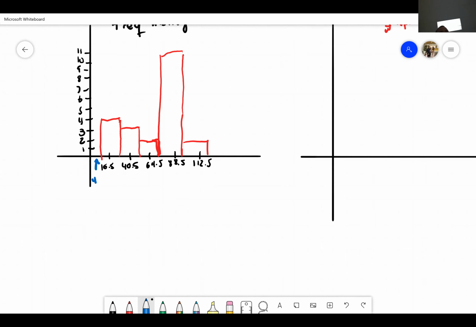Right here we could have used 4.5, and then this one would have been 28.5, this one 52.5, this one 76.5, then 100.5, and then 124.5. We could have done that. I could have asked you to do it that way. That's why in the test, I'll tell you what I want you to use with histograms. And let me erase that because when I export it to the notes, it doesn't look very pretty.